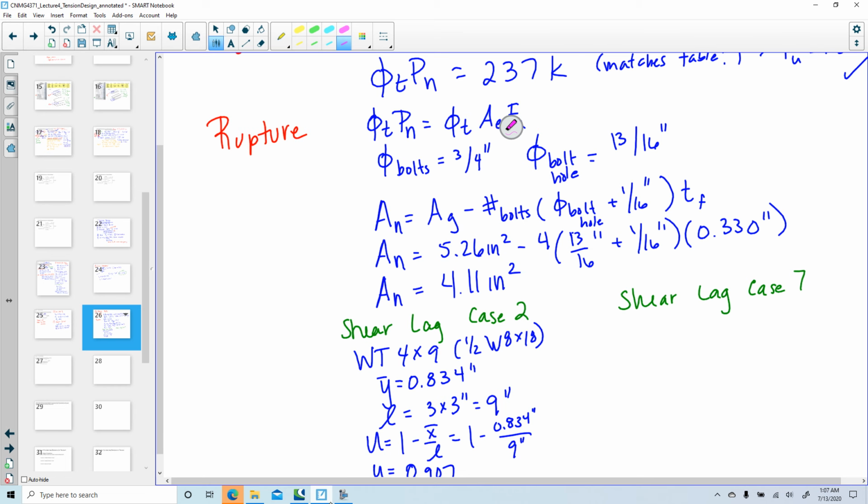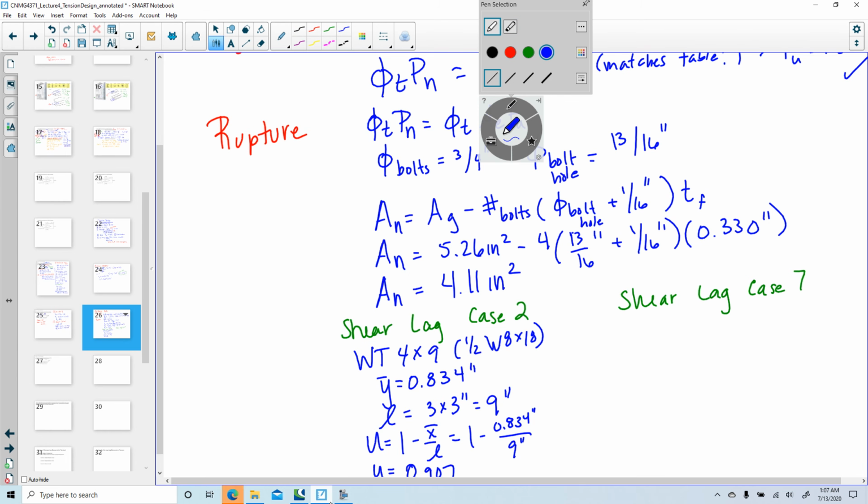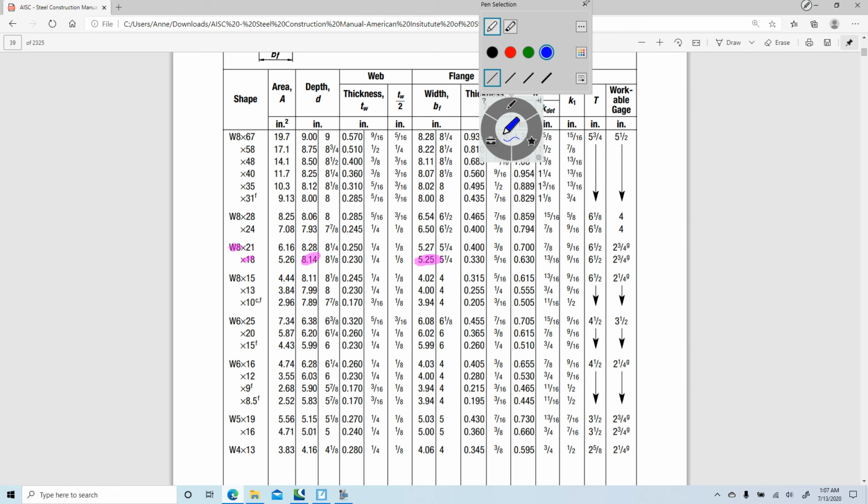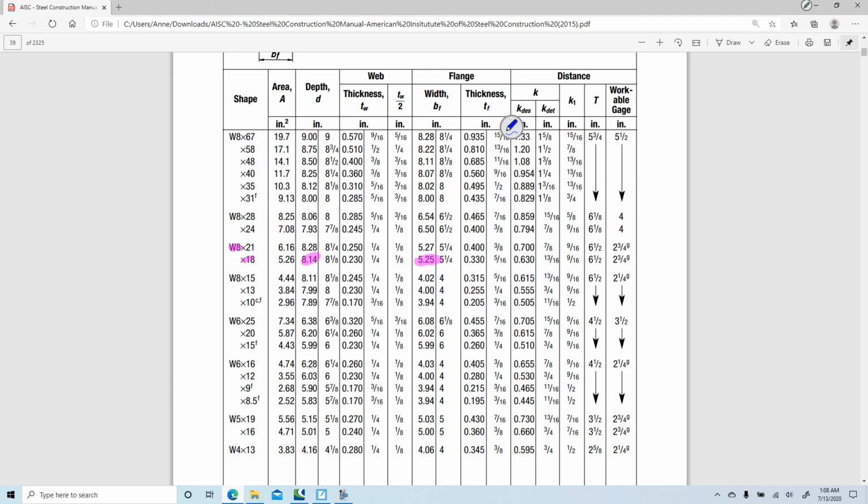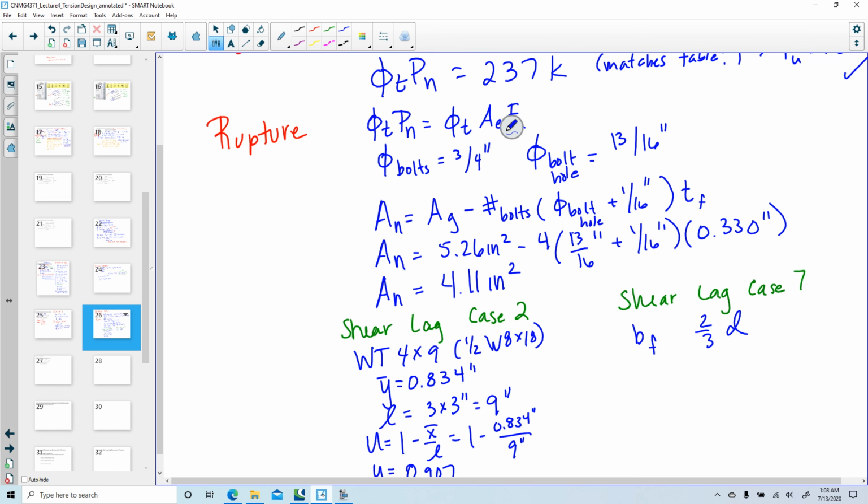So I need to do my BF compared to 2/3 of my depth, where my width was 5.25, and 2/3 of my depth, which was 8.14.